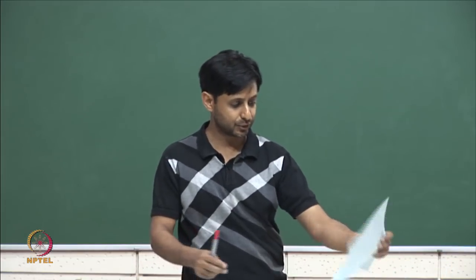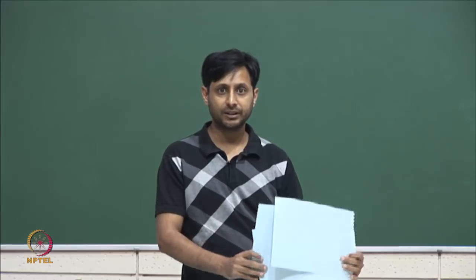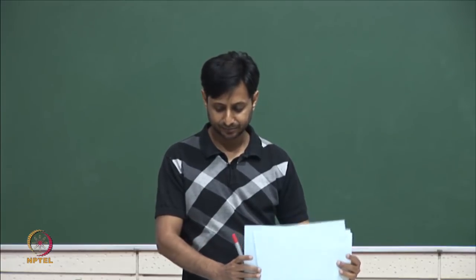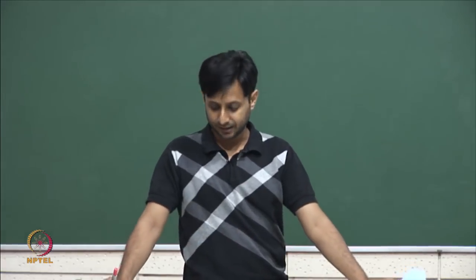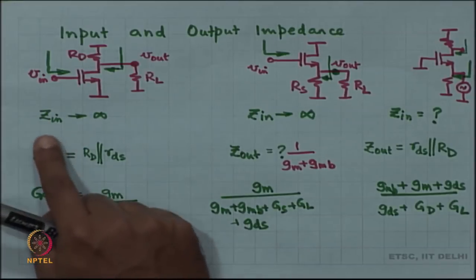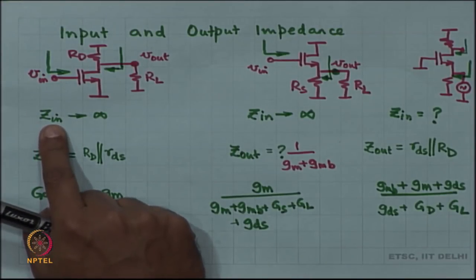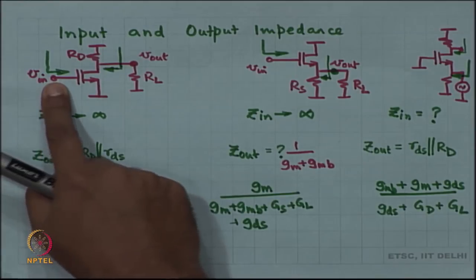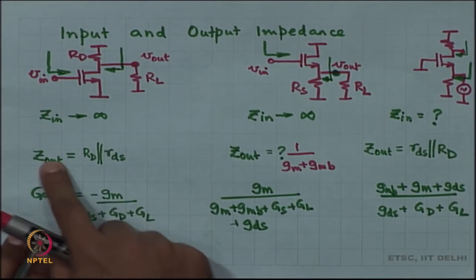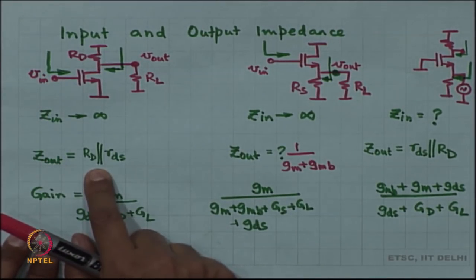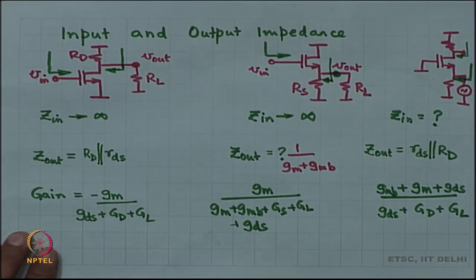So, we have understood today more or less the common gate circuit. We have seen a few things. We have seen that the impedance looking into the common source circuit is very high. The output impedance is RD parallel RDS, gain we know.